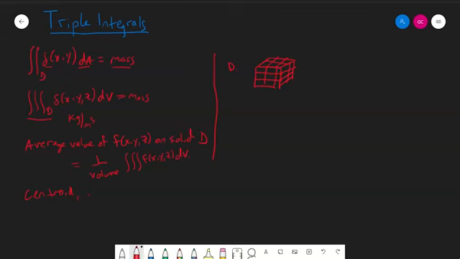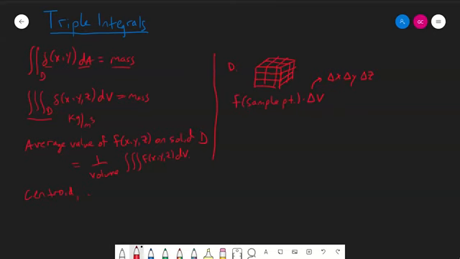And then what you can do is for each of these little pieces, you want to do something like take f of some sample point in that piece times the volume of that piece, which we call delta V. And in this case, delta V is going to be delta x times delta y times delta z, just the product of the three dimensions of each little box.